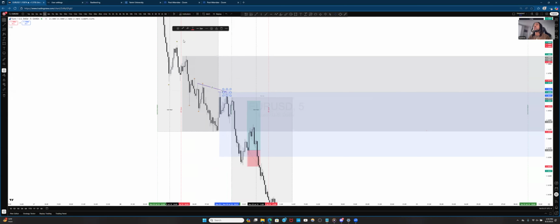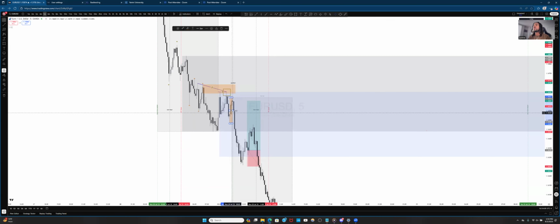So I can't automatically assume that this area is going to give me a reaction, but I do see that price did, from this mitigation, come back and mitigate this zone. Price came, pushed down, broke the structure, came back, tapped the supply, pushed down again, broke the structure. Okay, so I can also see that there's this big old level of impulse candle right here as well.